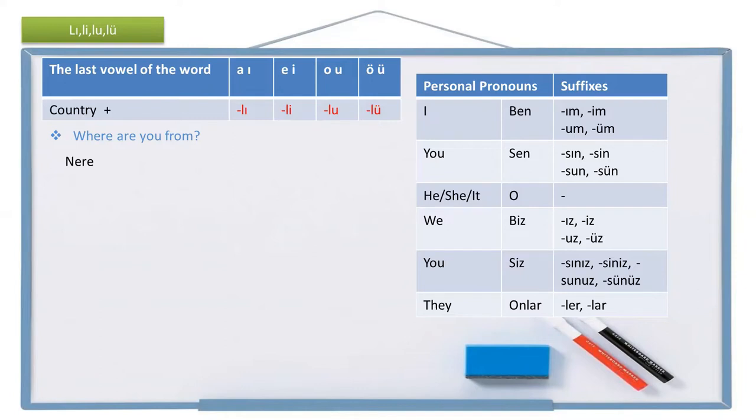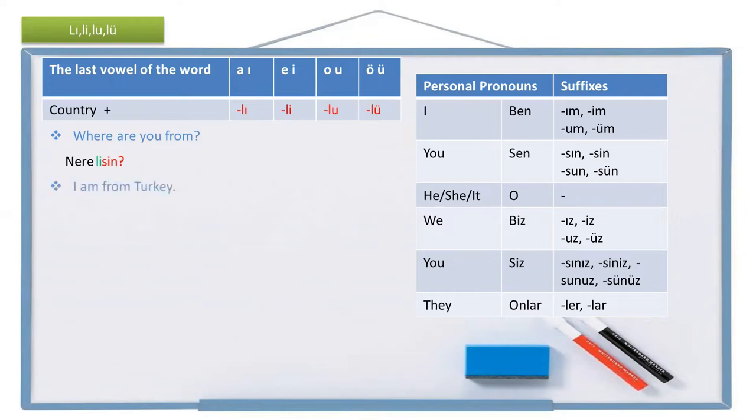But in this context, from is l, li, lu, or lü. So, from where, nereli, and you as the person pronoun suffix to the end, sin. Where are you from? Nerelisin.